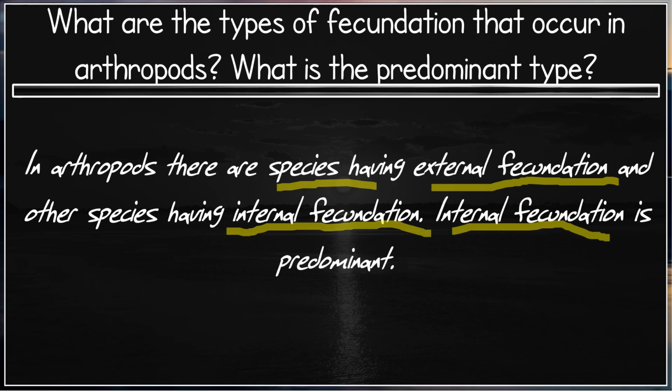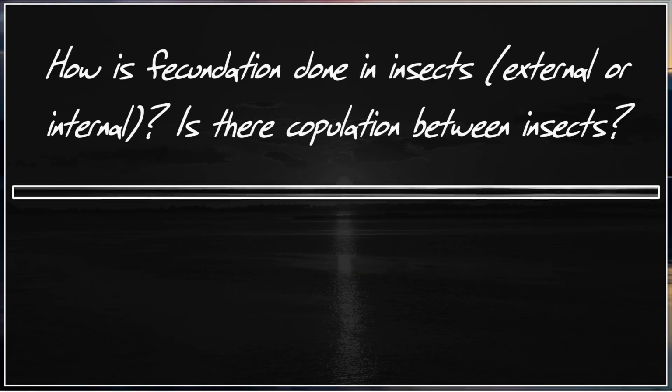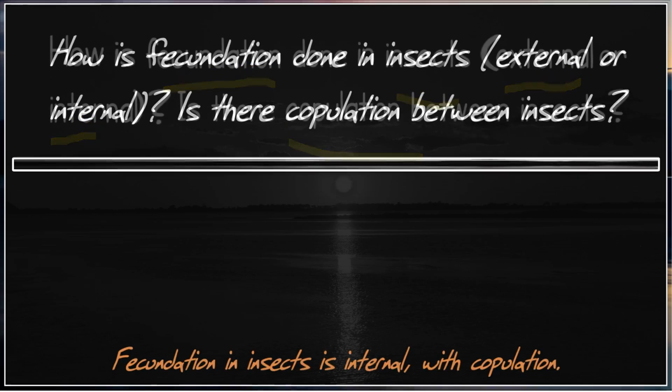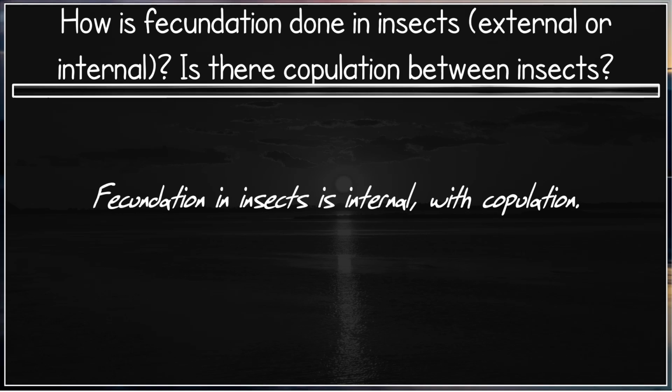Internal fecundation is the most predominant. How is fecundation done in insects? External or internal? Is there copulation between insects? Fecundation in insects is internal, with copulation.